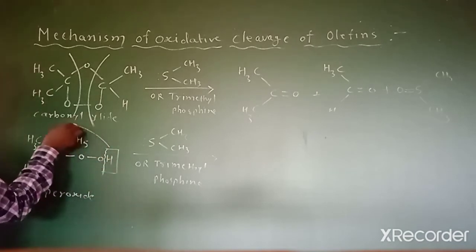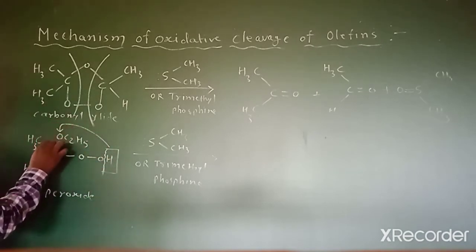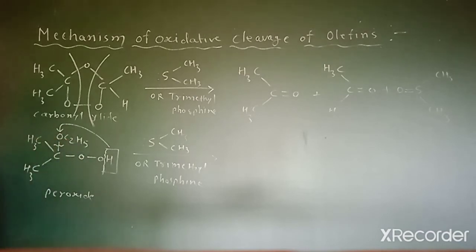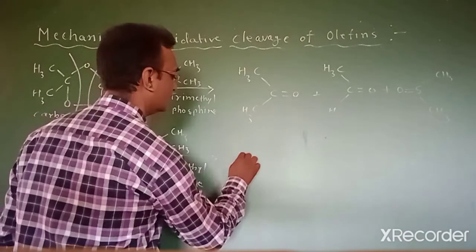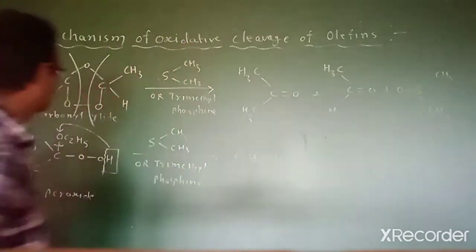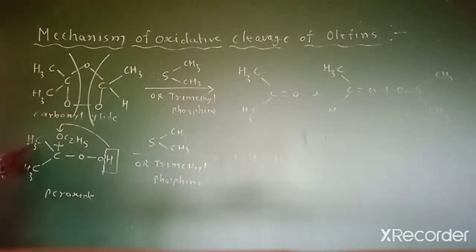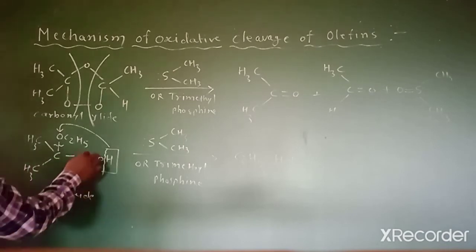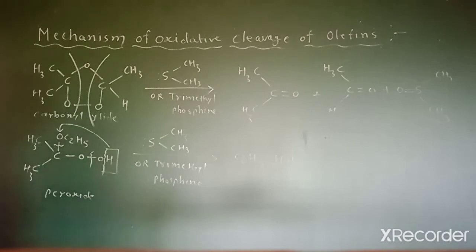It gets again bonded with this oxygen. For that, the breaking of this carbon oxygen bond takes place in such a way that C2H5OH is given out. Plus, what remains here? CH3C double bond O CH3. Here breaking of the oxygen bond also takes place.